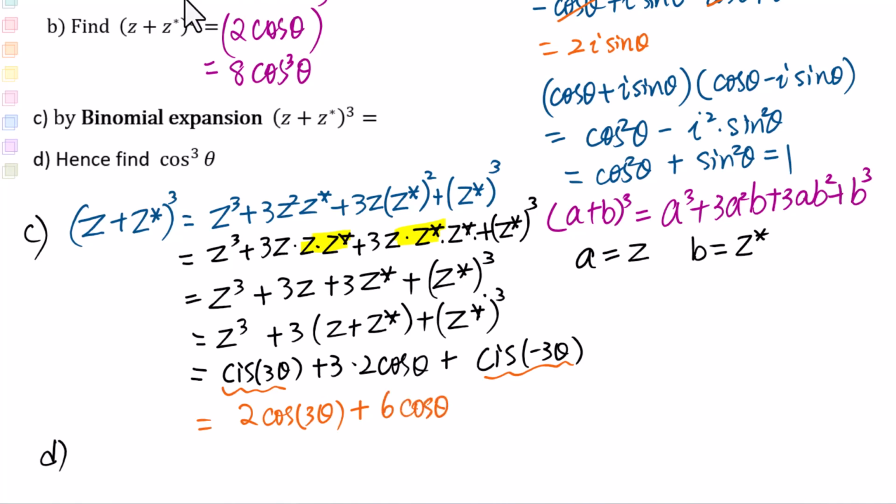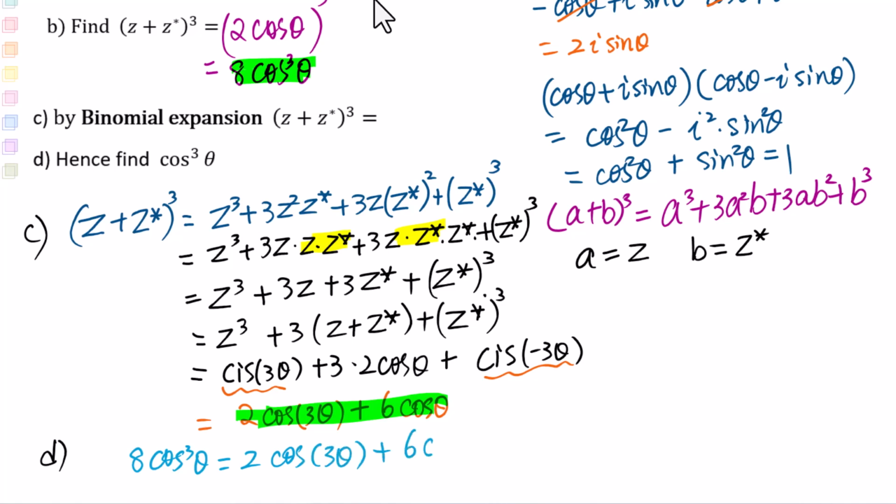Let's go to D. Hence, find cosine cubed theta. Let's make these two equal to each other. So we get 8 cosine cubed theta equals 2 cosine 3 theta plus 6 cosine theta.